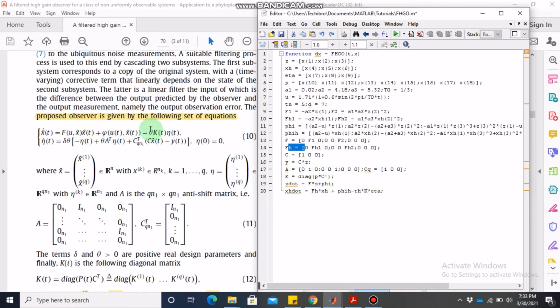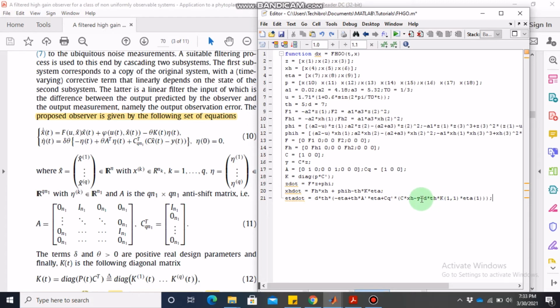So that's the same equation. And then we have eta dot is equal to delta times theta minus eta plus theta A transpose eta plus CQ transpose and so on. So this is the same term.